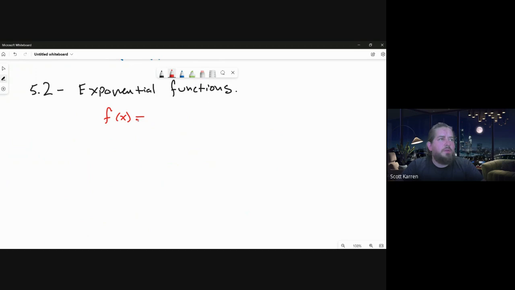There'll be some number as a base, but x in the power, right? So for example, we might have f of x is 2 to the x, or f of x equals 5 to the x, or f of x equals 0.003 to the x, right?